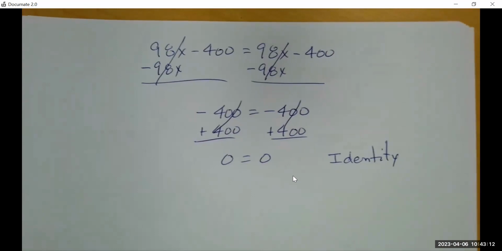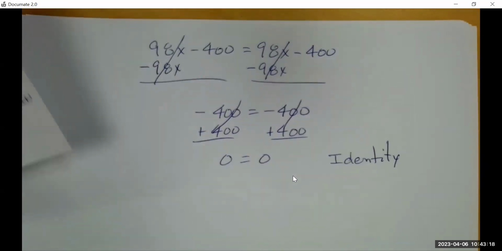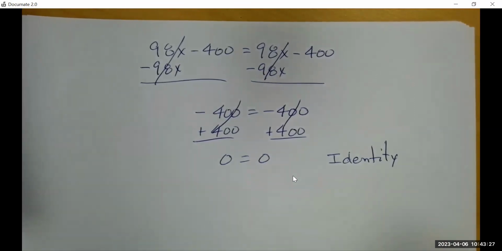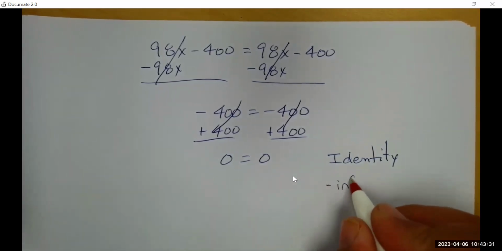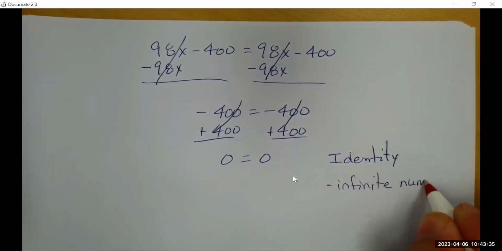That's called an identity. The reason it's called an identity is because in the original equation, no matter what x you put in there, it'll be a true statement. It has an infinite number of solutions.